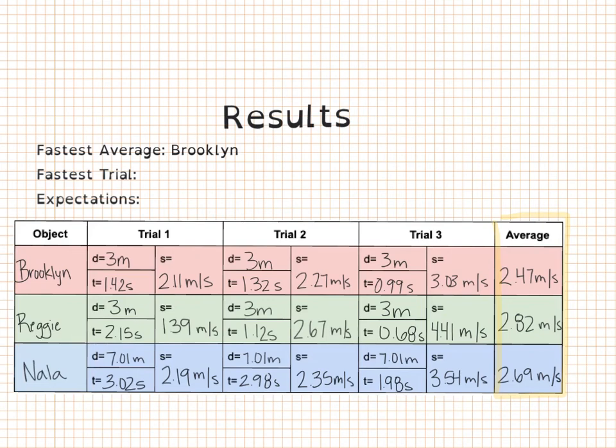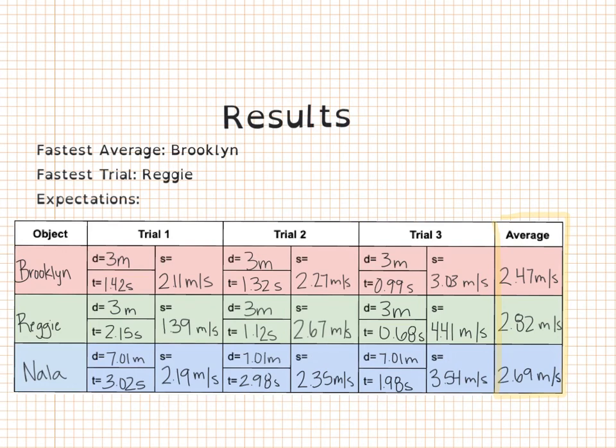So if I'm looking correctly, get my pointer out so I can actually screen. 1.4 or 2.11, 2.67, 3.03. Again, I'm looking for the highest number. He had the slowest trial for sure. But yeah, he ended up actually having the fastest trial as well. So I'm gonna put him in there as our fastest trial.